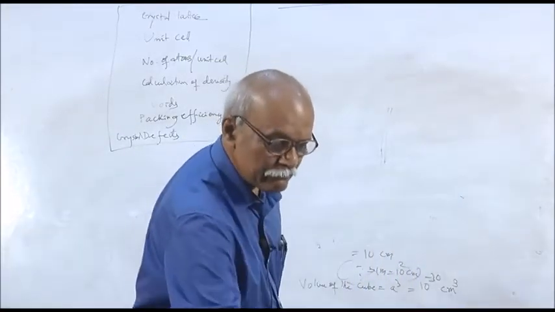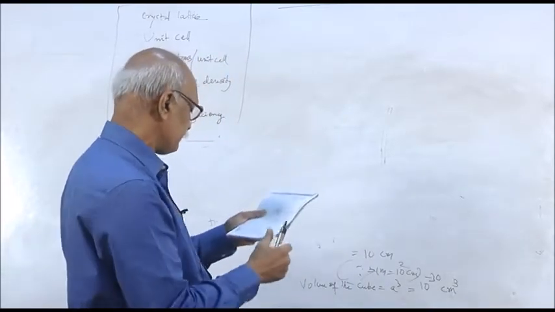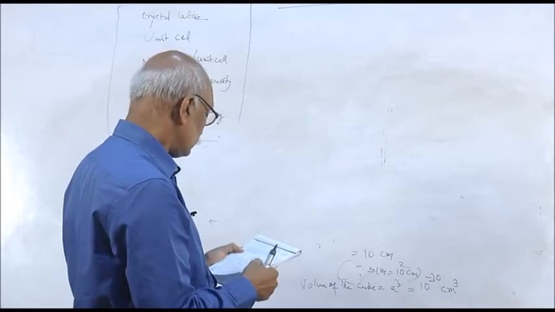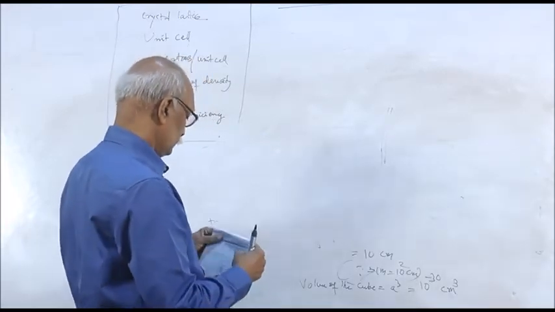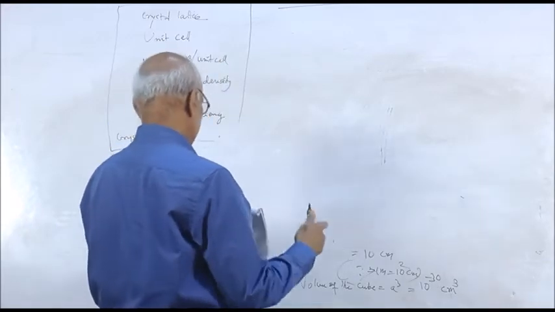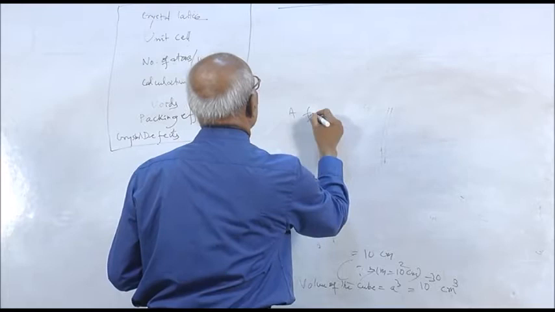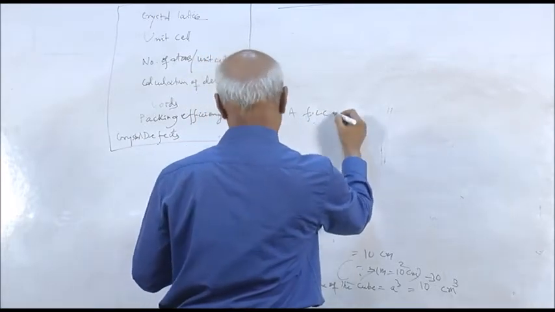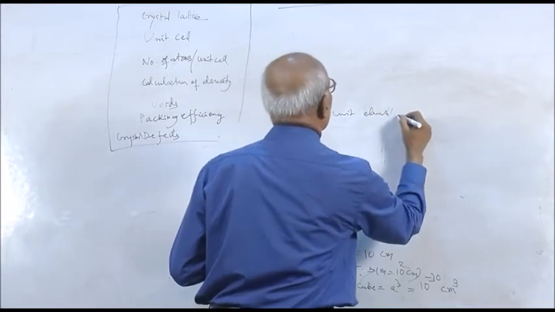One problem you can also expect. Let us work out a problem. Suppose a problem is asked like this: an FCC unit cell of an element, atomic mass is given.